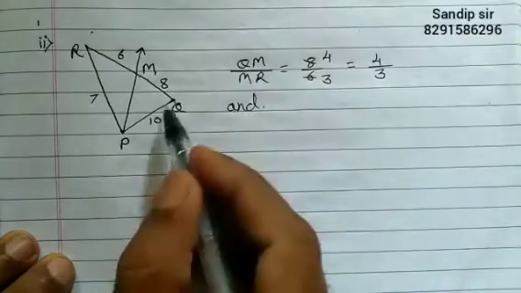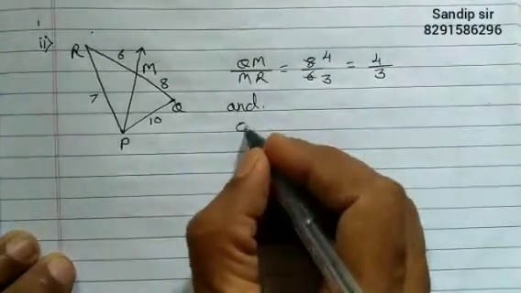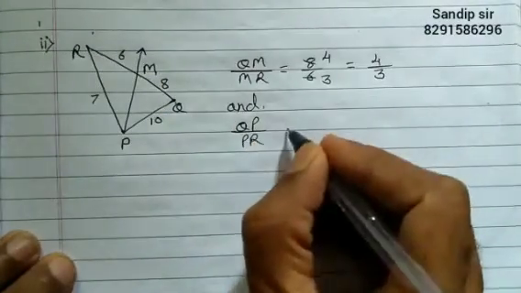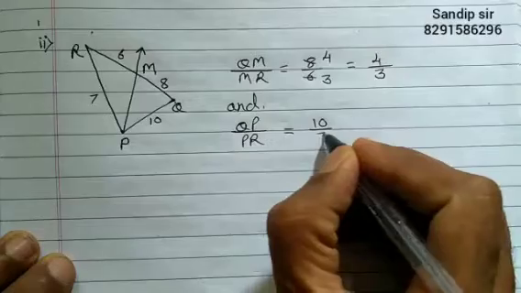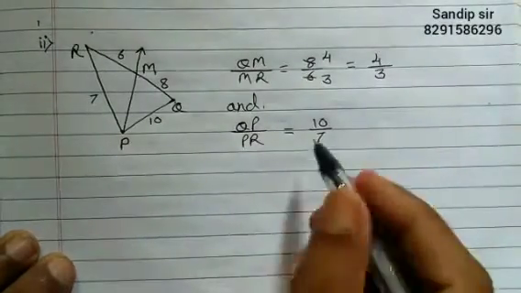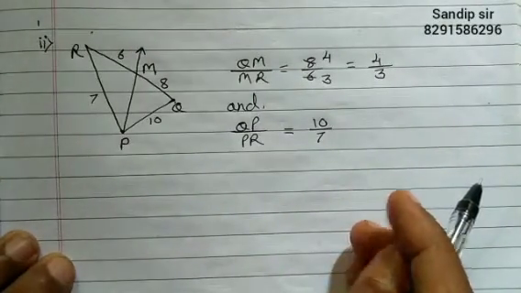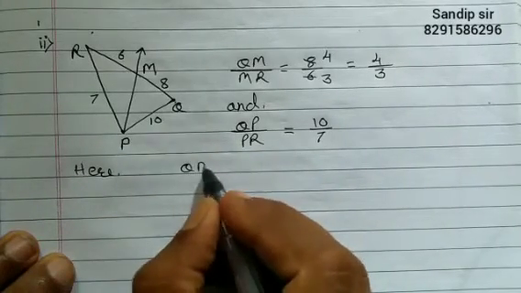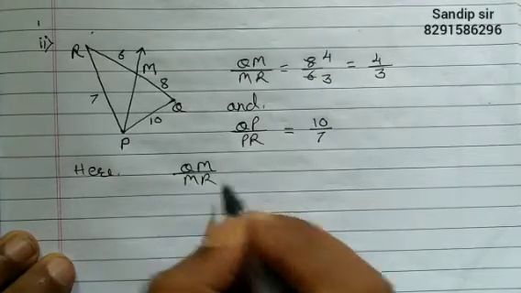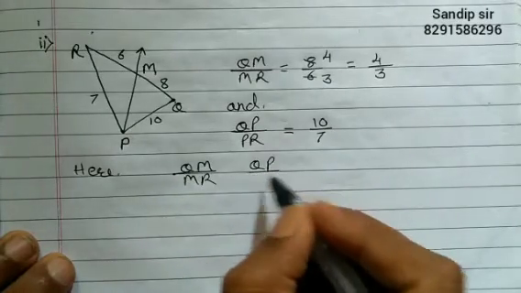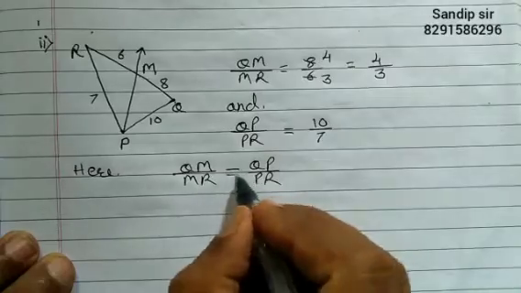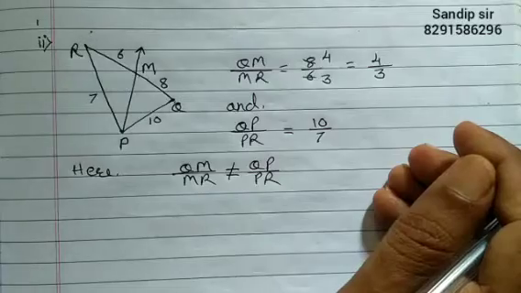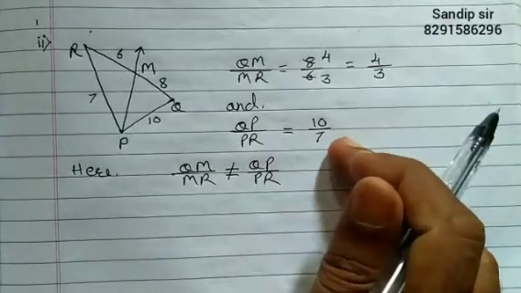And another ratio, which is also start from QP upon PR. So 10 upon 7. Here 10 is divisible by 2 but 7 is not divisible by any number. Means here first ratio QM upon MR and the other ratio QP upon PR both are not equal. First ratio is 4 upon 3 and second ratio is 10 upon 7.